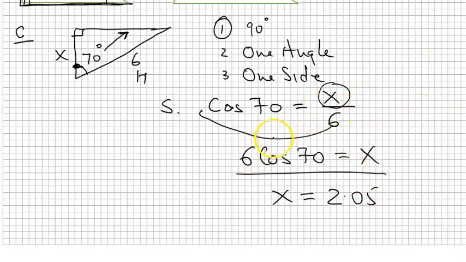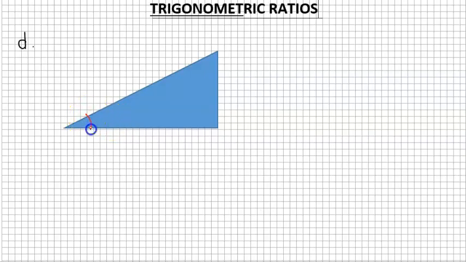Now let's move to part D. Let me adjust my screen. So part D is, this angle is 22, this side is 18, this one is x. Now in this question the hypotenuse is not even given, so you can write it straight away that tan 22 is equal to x over 18.